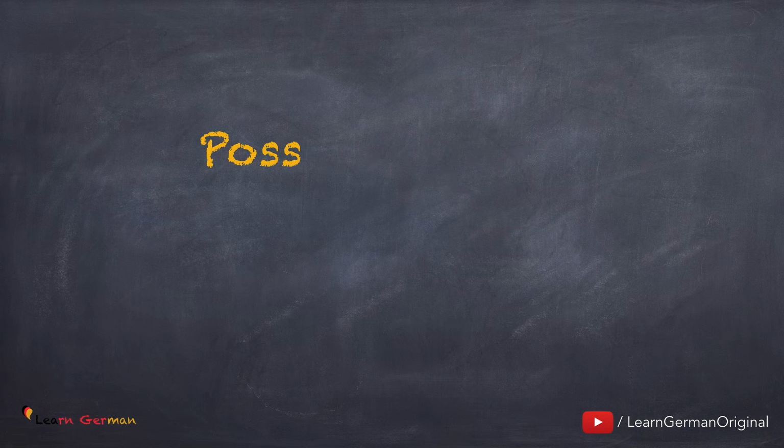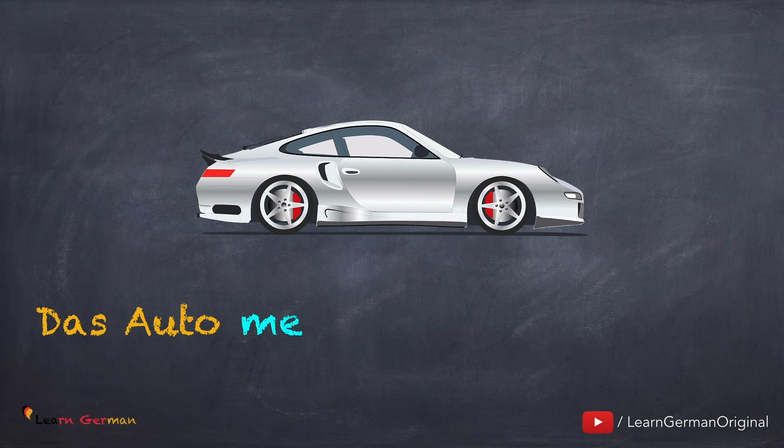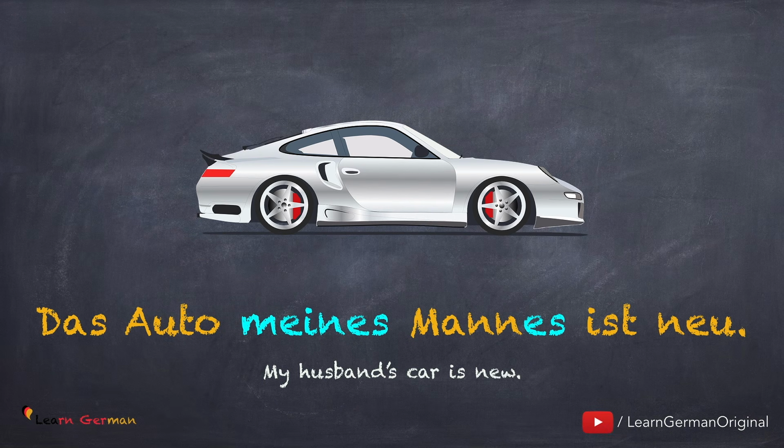Jetzt schauen wir uns ein paar Beispiele für Possessive-Artikel im Genitiv an. Alle Beispiele sind mit Possessive-Artikel mein. Für alle anderen Possessive-Artikel sind die Endungen gleich wie bei mein. Hier ist das Beispiel für maskulin. Das Auto meines Mannes ist neu.